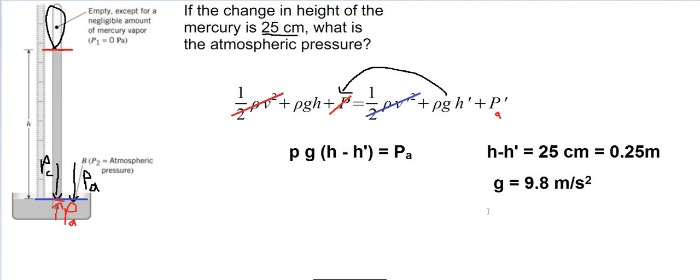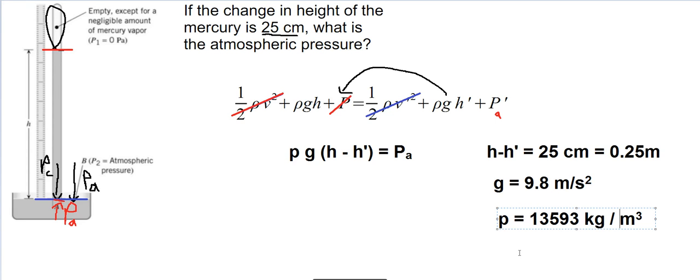And lastly, we need the density rho. Since we're dealing with a change in height of mercury, we're going to need the density of mercury. This is one of the things that you'll be provided with or will be told explicitly. Here, the density of mercury, if you look it up in a table, is about 13,593 kilograms per cubic meter. A cubic meter is actually a lot of mercury, which is why this number is so large.